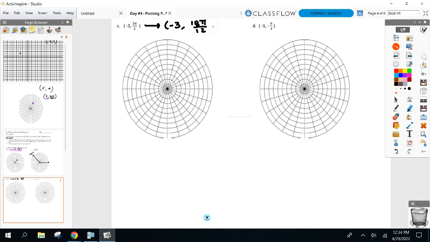Graph 18 pi over 12. Sorry, 12. Wherever you think that is. I hope you know where it is. Remember, it's 24 all the way around. So if you want to count backwards, if that's easier for you, or just count up to 18, going counterclockwise.